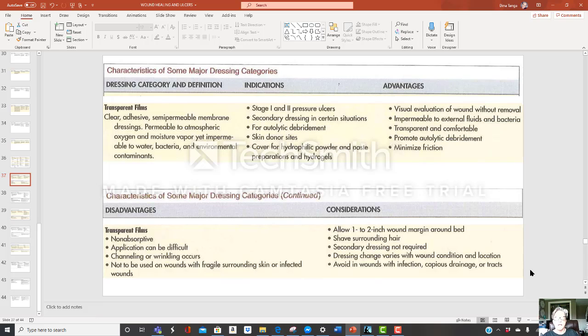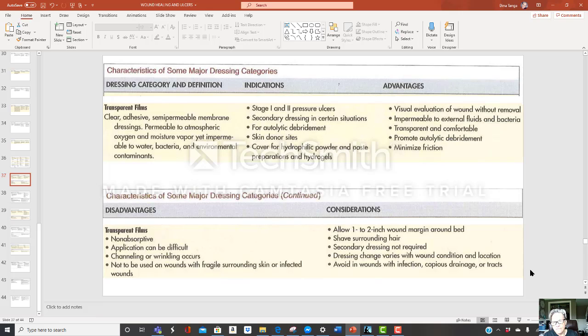Indications: stage 1 and stage 2 pressure ulcers. Secondary dressing in certain situations for autolytic debridement, skin donor sites, cover for hydrophilic powder and paste preparations, and hydrogels.